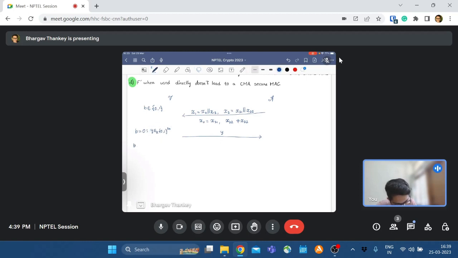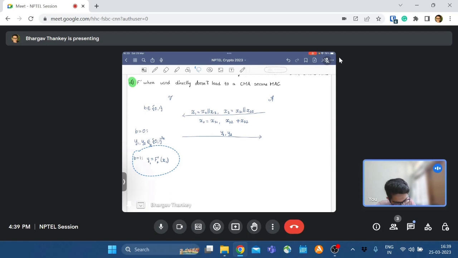It wants to answer two queries, so it should pick two things uniformly at random and send y1 and y2.